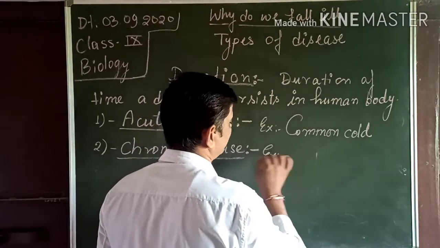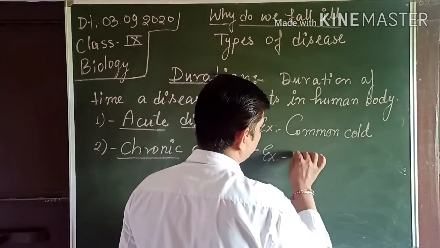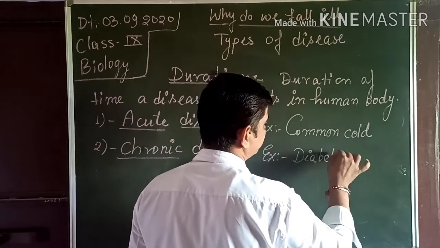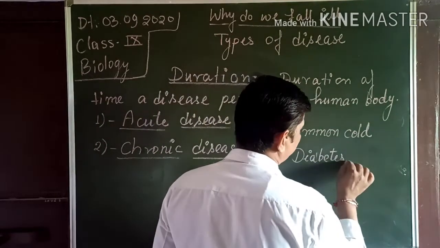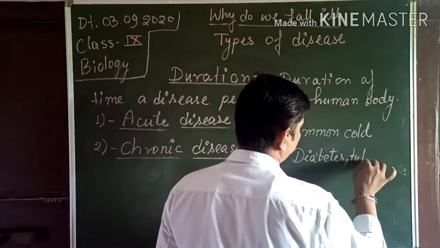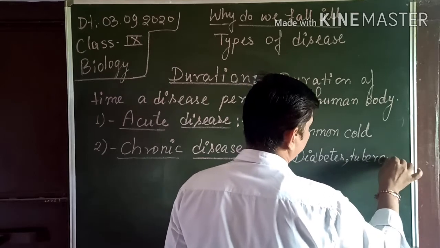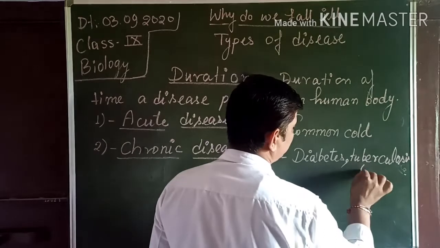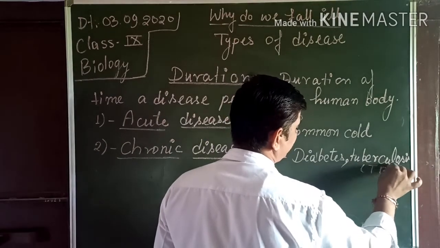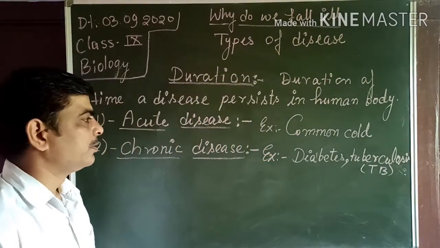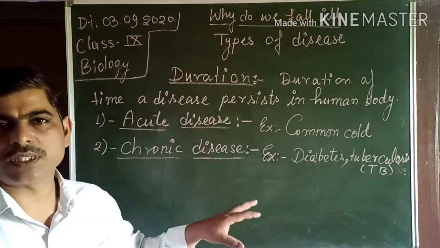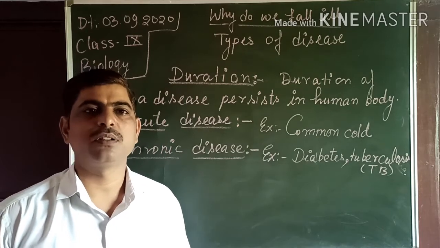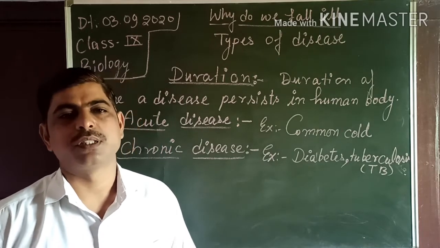Okay, you can take the example of diabetes. You can take the example of tuberculosis, TB. So this disease has an effect on human health. The weight of the human most of the times decreases.